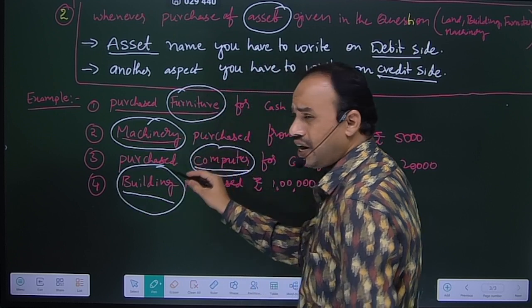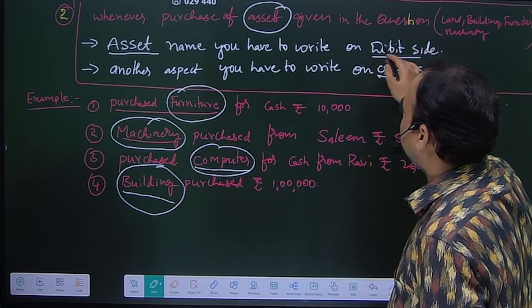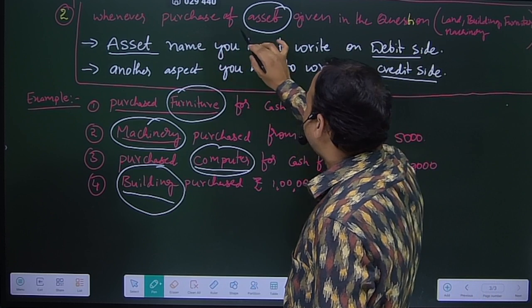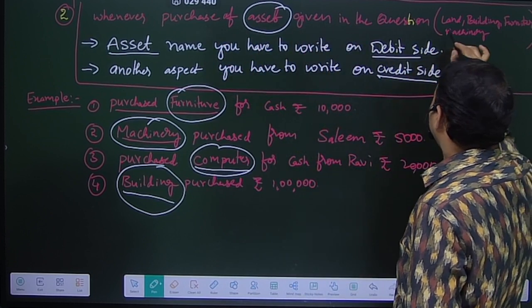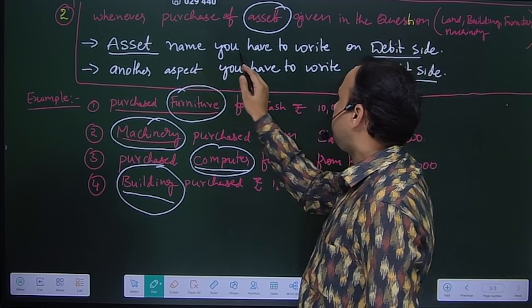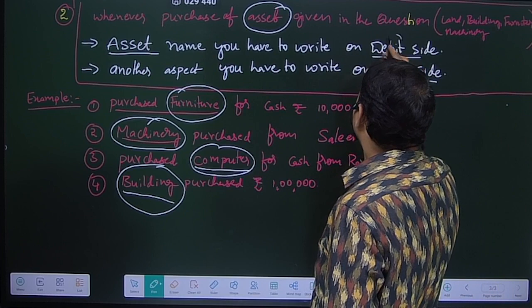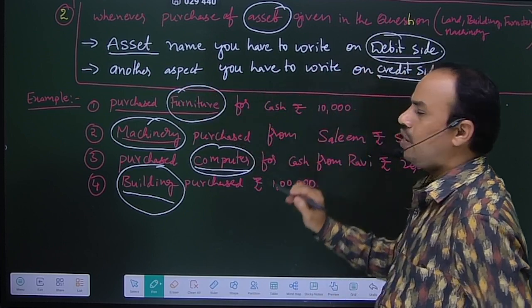So these are all assets. Whenever purchase of an asset is given in the question, like land, building, furniture, machinery, then the asset name you have to write on which side? Debit side. And the other aspect you have to write on the credit side.